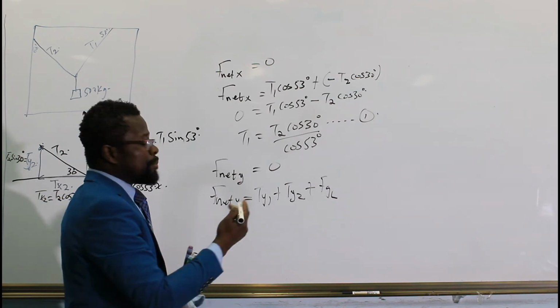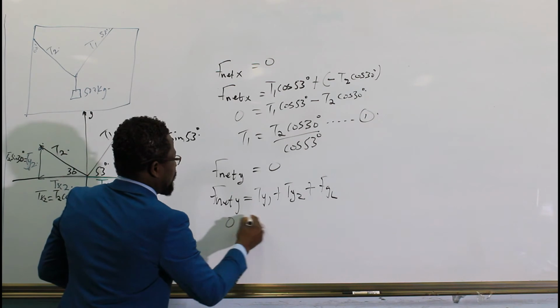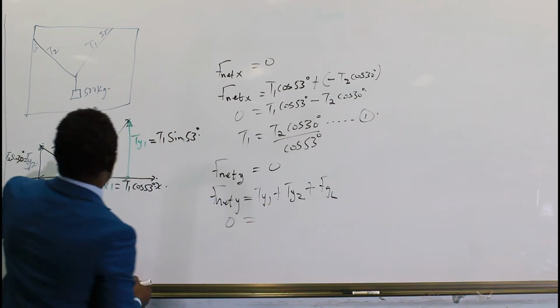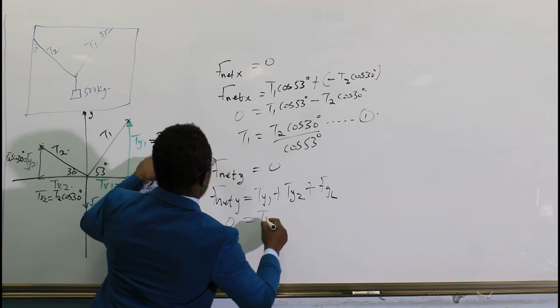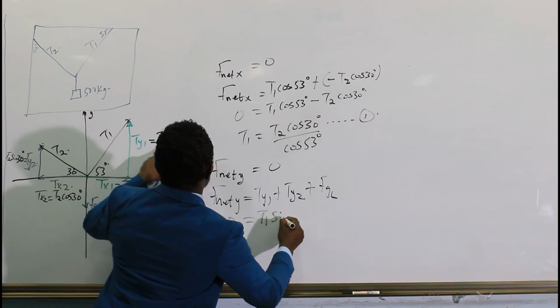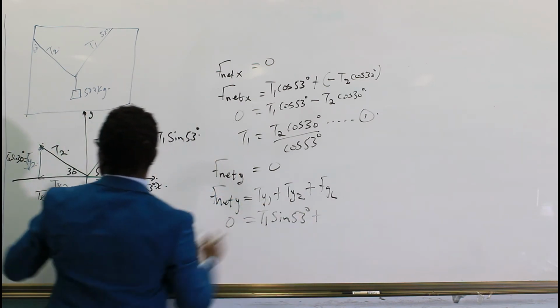Now let's try and put in the values and let's see what we're going to have. This is 0 equals Ty1. Our Ty1 is equal to T1 sine 53 degrees plus Ty2.